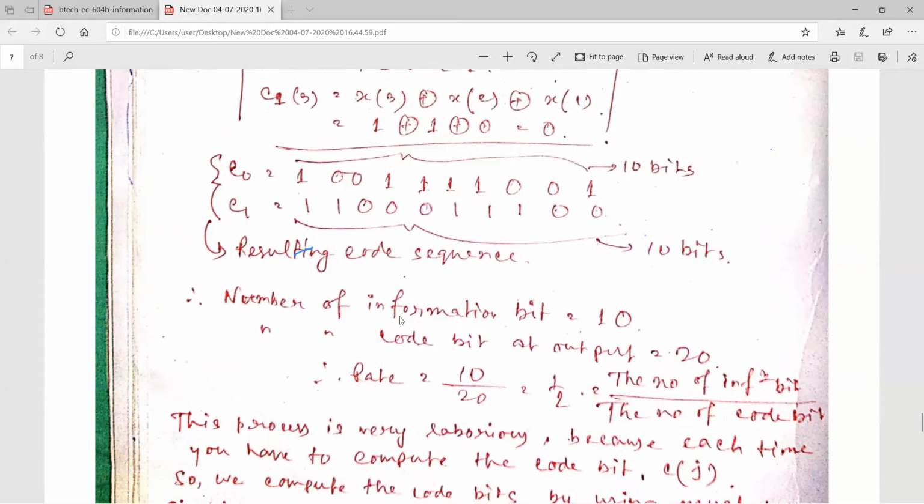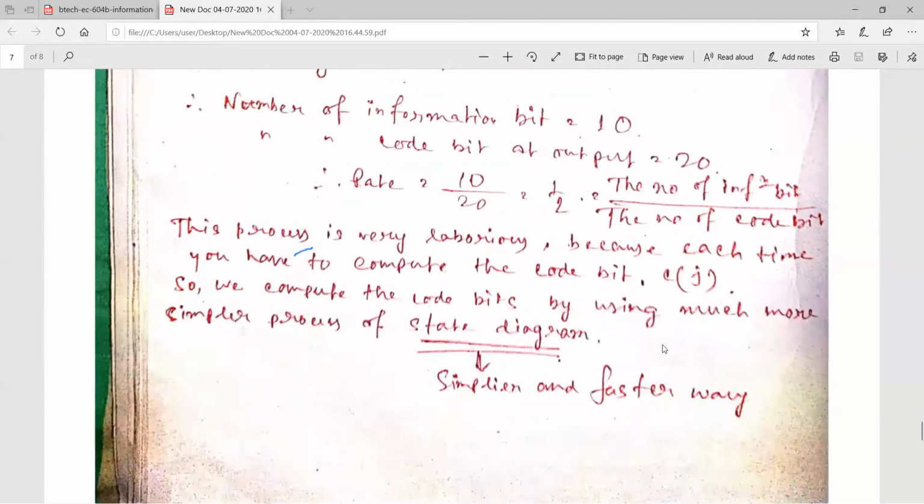So the number of information bits is 10 and the code bits at the output is 20. So the rate is what? 10 by 20 equals half.